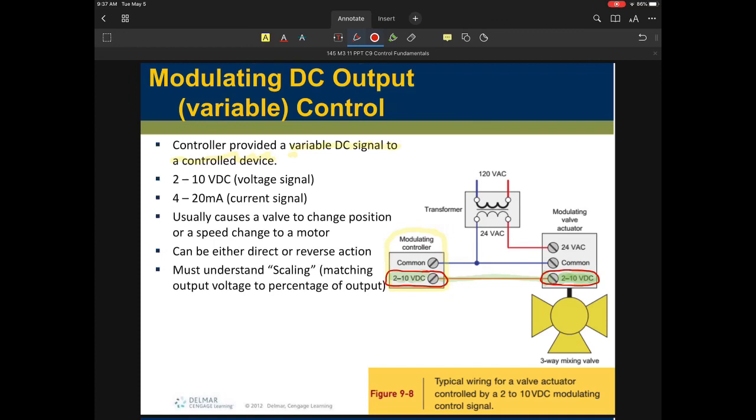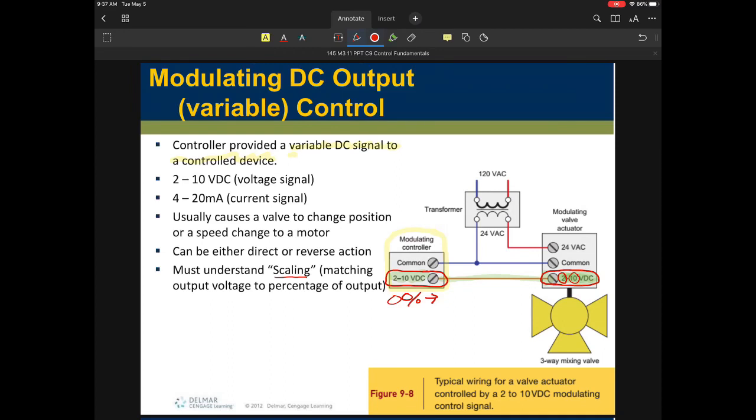What you'd have to do then is scale it. If the control signal is different than what the output of the controller will do, you're going to have to scale it. I wrote a note on here about scaling the output.